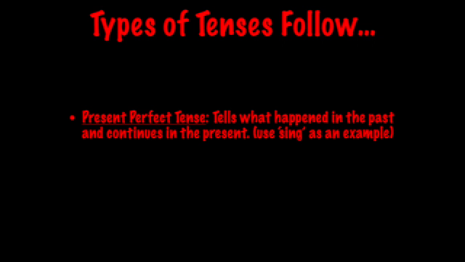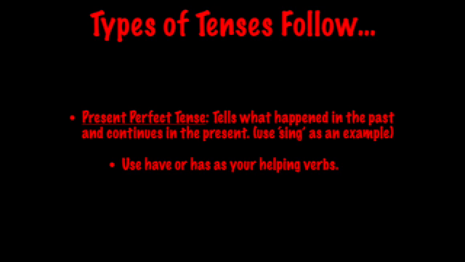So there are 3 types of tenses we need to follow. We have the present perfect tense. This tells what happens in the past and continues into the present, and we're going to use sing as an example. The helping verb that you're going to use with this is going to be have or has. So the past tense of sing is sung.